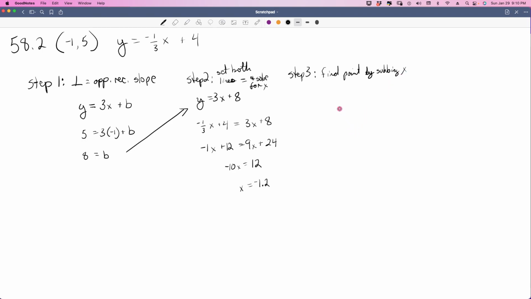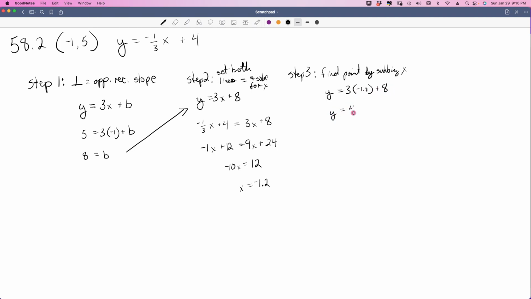So here's our line again. Y is equal to 3 and our x is negative 1.2 plus 8. So we do the multiplication and we get negative 3.6 plus 8.